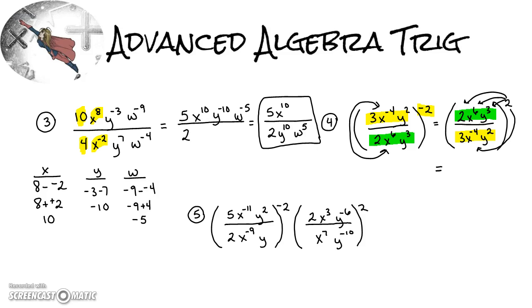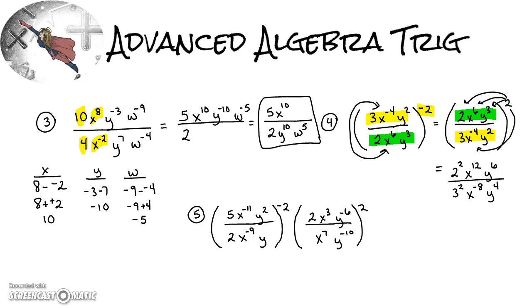So I won't write all those arrows, but it's 2 squared. X would be to the 12th because you're multiplying the exponents. Y would be to the 6th. So when you distribute the power, you're multiplying the exponents. Then I get 3 squared, x to the -8th, y to the 4th.